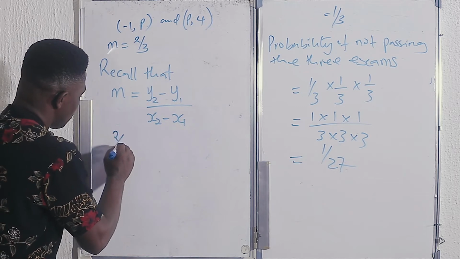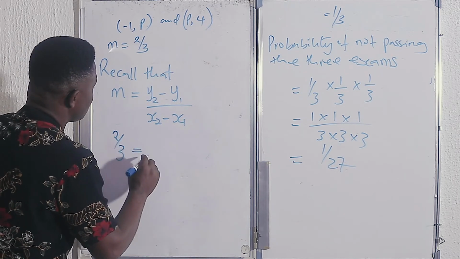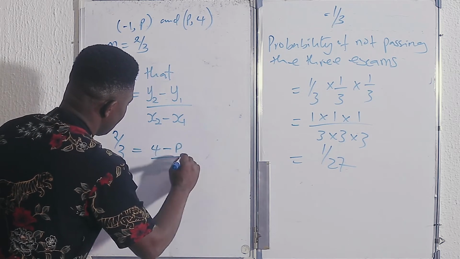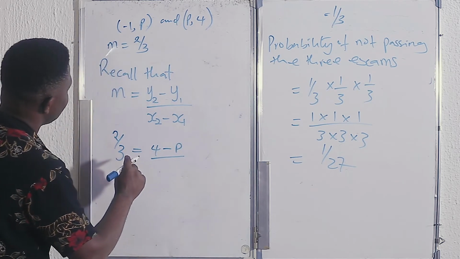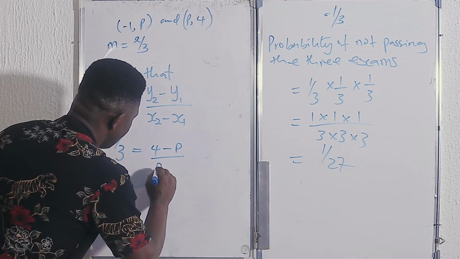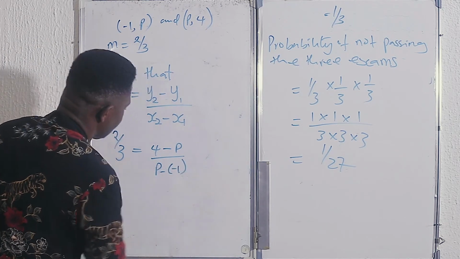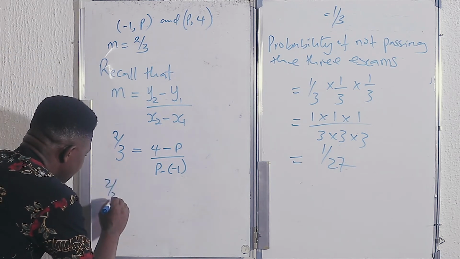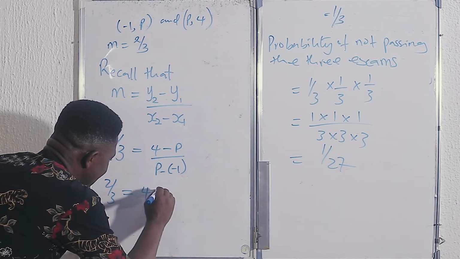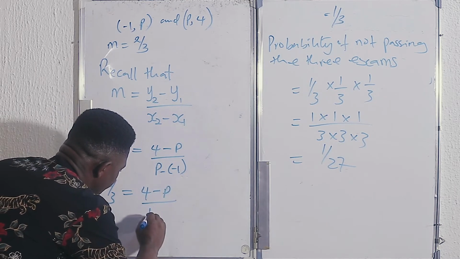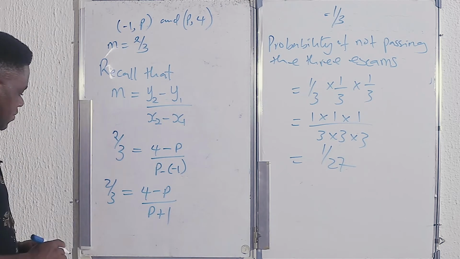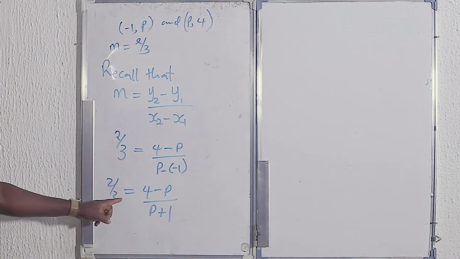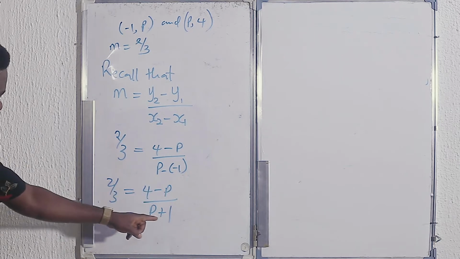So 2 over 3 is equal to 4 minus P all over P minus -1. So 2 over 3 is equal to 4 minus P all over P plus 1.